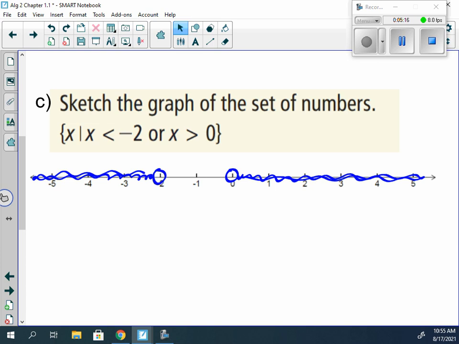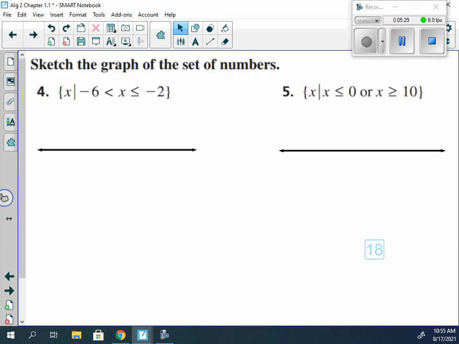Any questions on any of these here? Do we remember inequalities pretty well? Being able to graph them? Yes. Okay. Either one of these two that y'all want to look at before we move on?